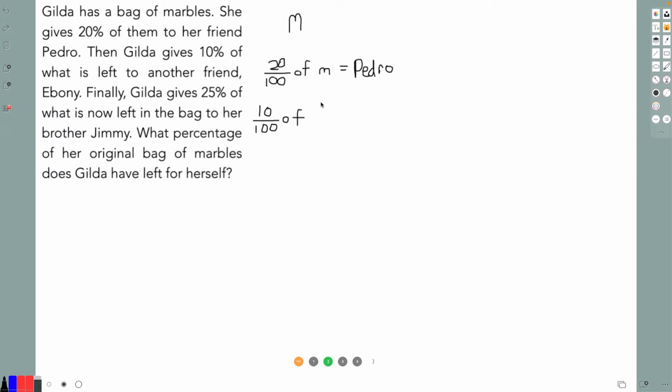So what is left is 80% because she gave 20% away. So it's 80 over 100 of M that she gave to Ebony.